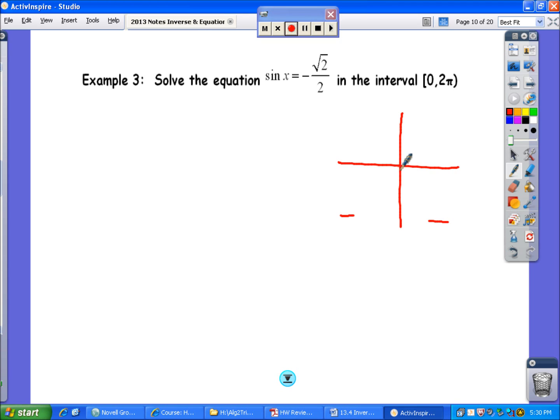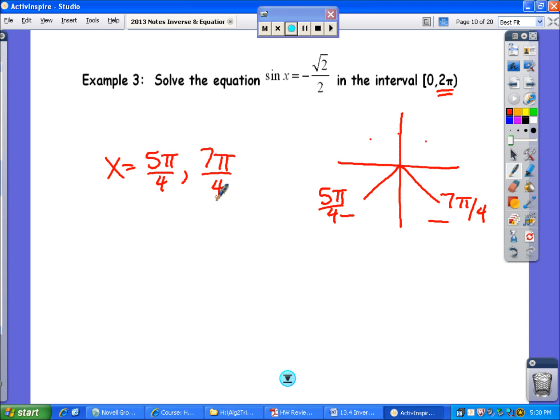So we want to know what is the 45 degree measure in the third quadrant and in the fourth quadrant. So 1, 2, 3, 4, 5. This is 5 pi over 4, and this is 7 pi over 4. Since this is in radians, we want our answer in radians. So we're going to have two answers. X is equal to 5 pi over 4 and 7 pi over 4.